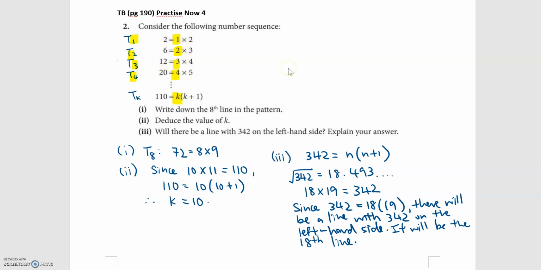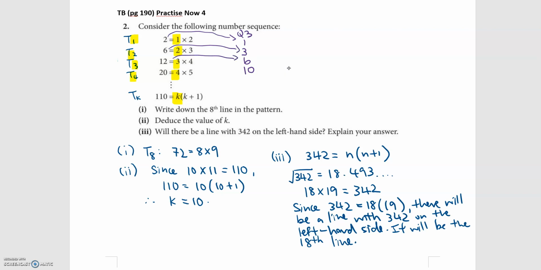And then we see that the number of dots for question 3, for the first term, you have 1 dot, then 3 dots, then 6 dots, then 10 dots. So we do see that there's something that can help us.